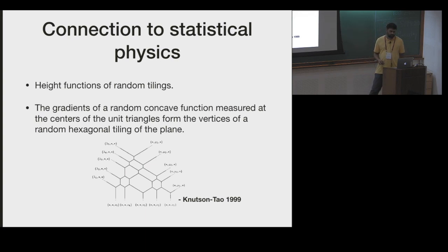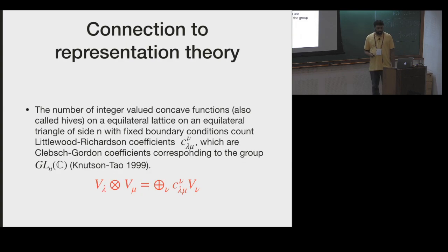And there is a variant of this where if you look at integer valued concave functions, then in fact they are in correspondence with square triangle tilings of the plane. So I'm only going to talk about the real variant today. But there is also a connection to representation theory.